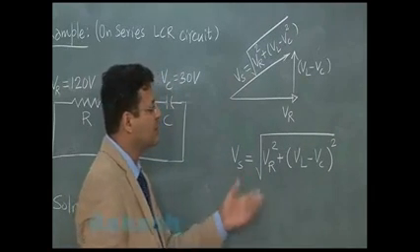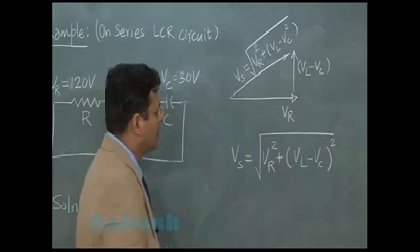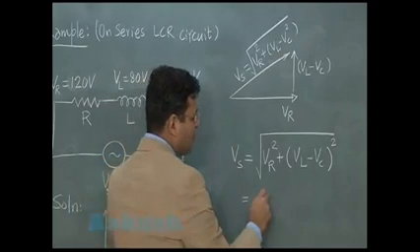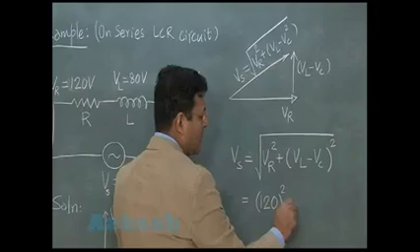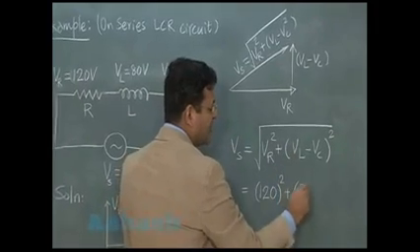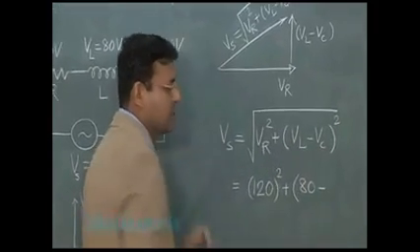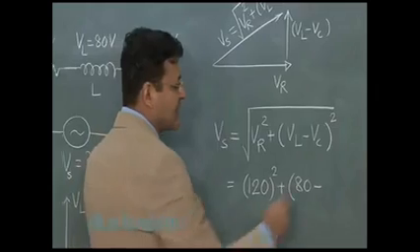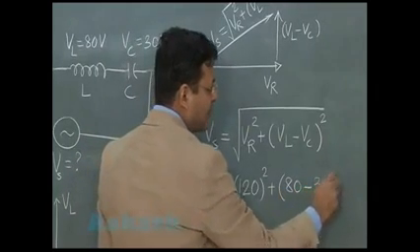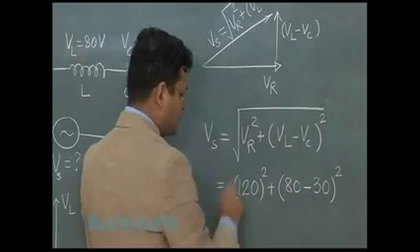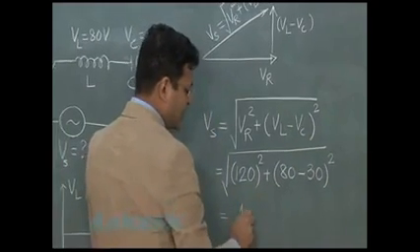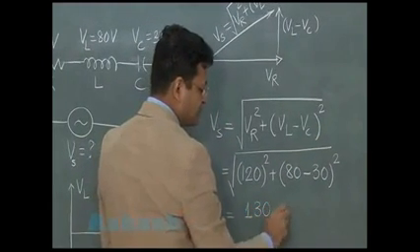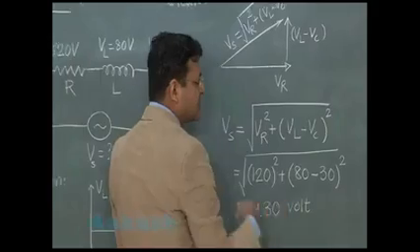Now if you substitute the values, VR is given as 120, the VL value is given as 80, and the voltage across the capacitance is given as 30, and that makes the total answer 130 volt. This is the supply voltage you have.